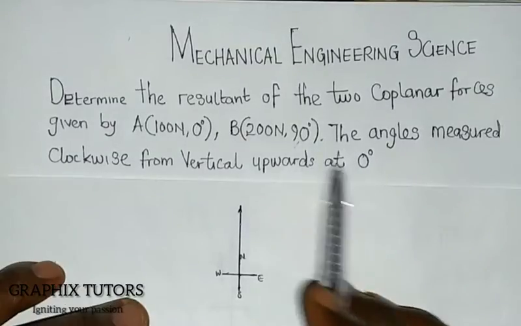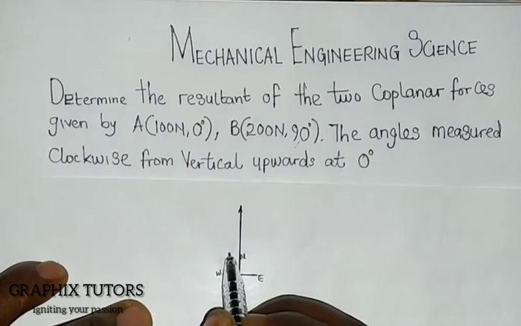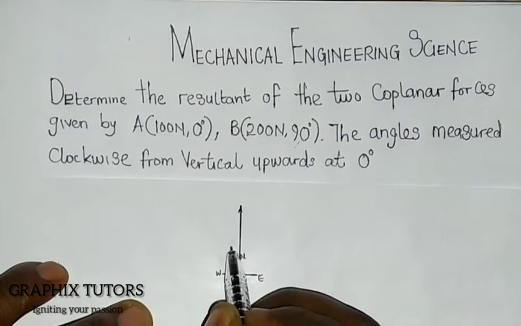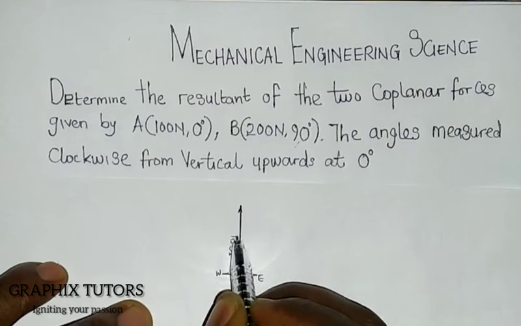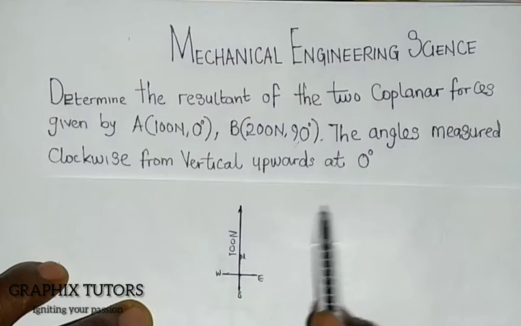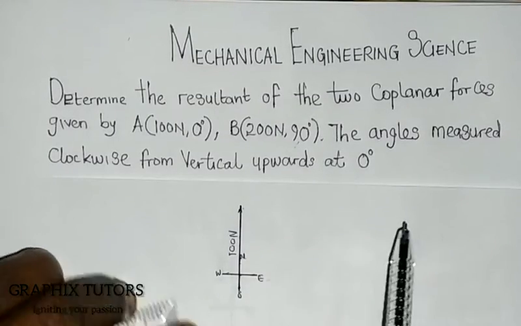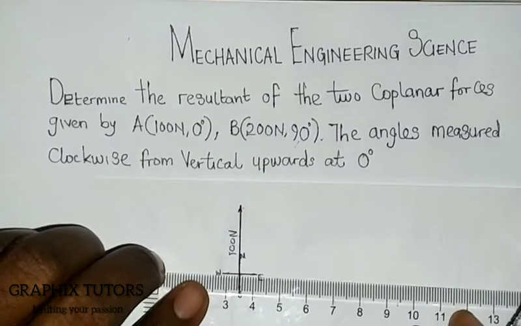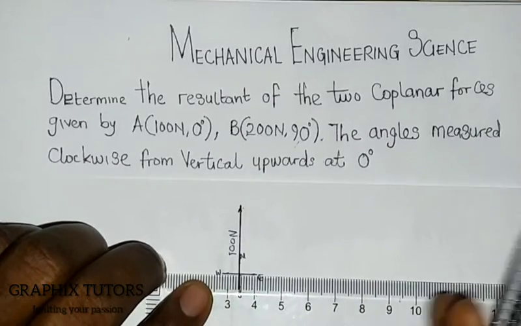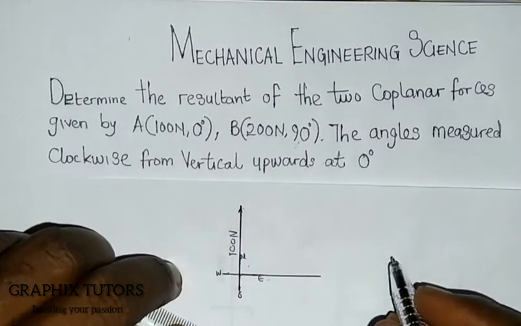Now 100 Newton is here at 0 degree. And if you move from north to east, it is 90. So the 200 Newton will be here at 90, right?